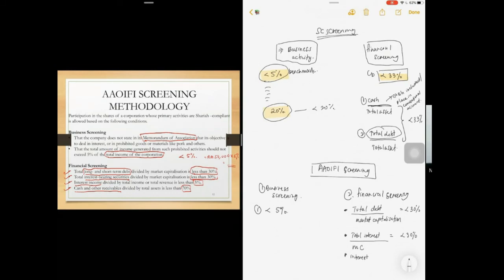Ini securities. Macam notes pun korang boleh buat sendiri pun kan. Tak apalah, saya tulis je. Korang tulis sama-sama dengan saya. Okay. Nampak tak dia punya perbezaan?